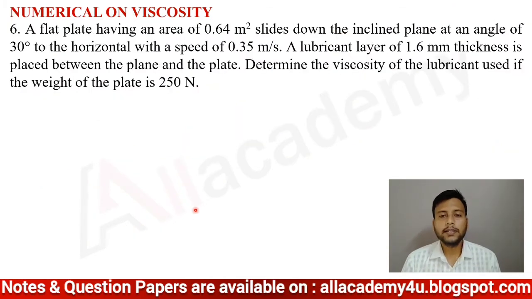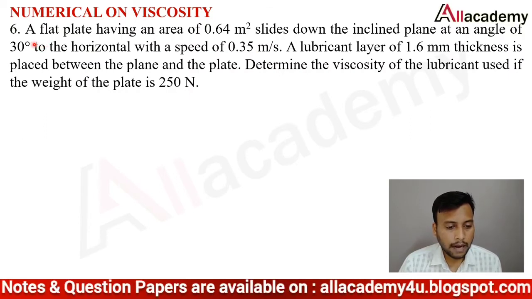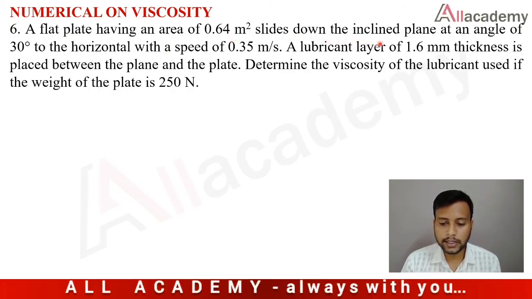Okay. So let us look into the next problem statement. It is given as a flat plate having an area of 0.64 meter square slides down an inclined plane at an angle of 30 degrees.